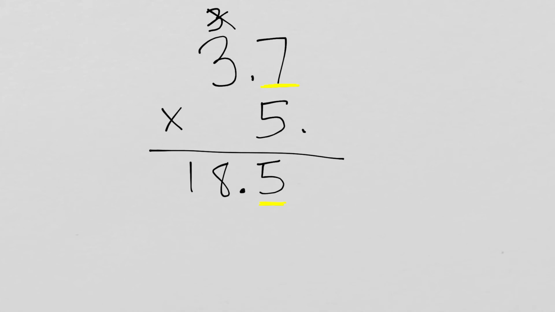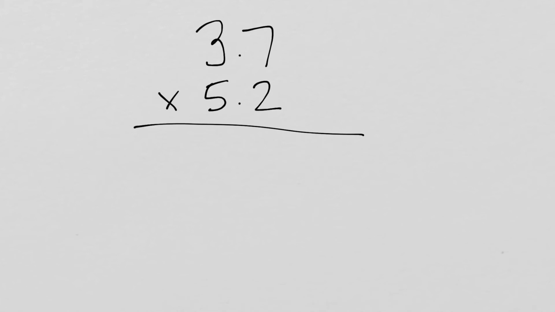So you don't line up the decimal points like you do with adding and subtracting. You ignore them. Pretend they're not there. If you want to write out 37 times 52 and just do it as a regular multiplication, without them, and come up to your answer that way, it's perfectly legitimate to do that if having the decimal points in there confuses you.